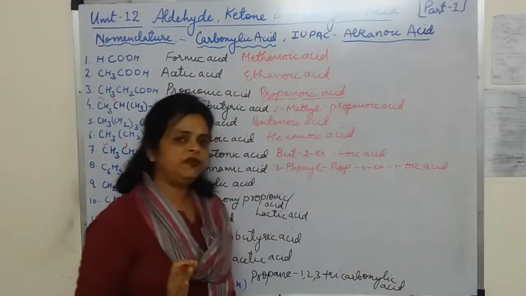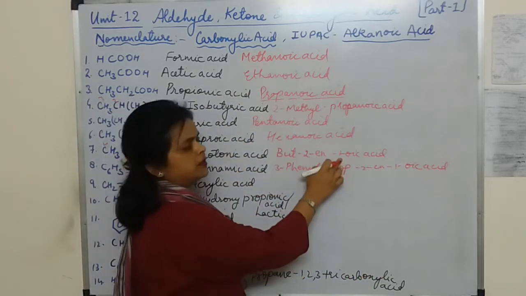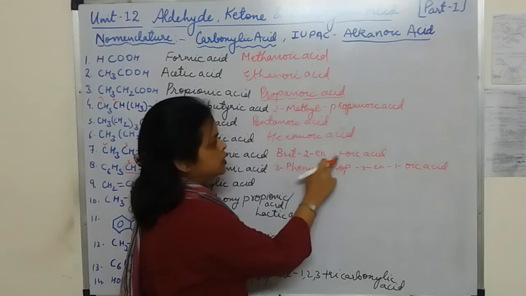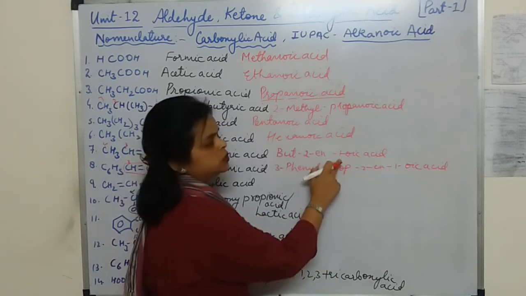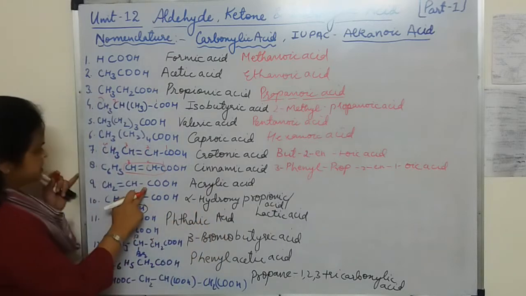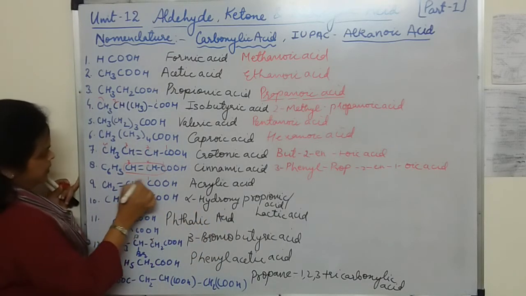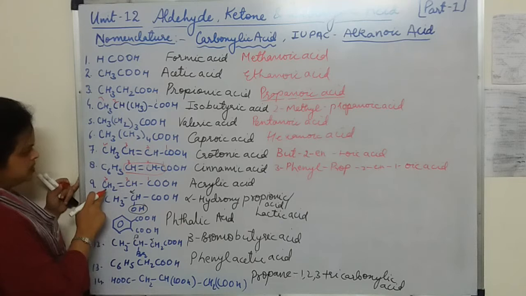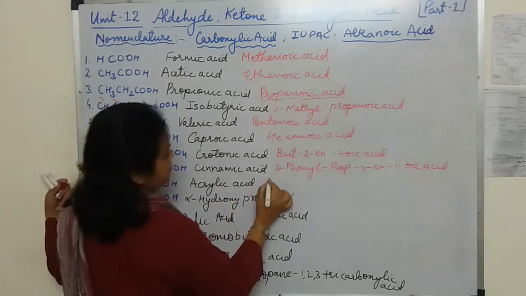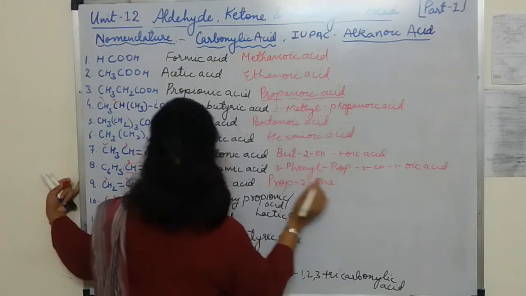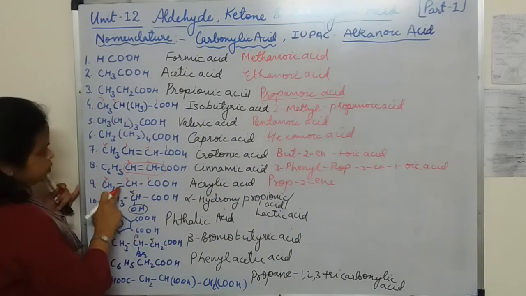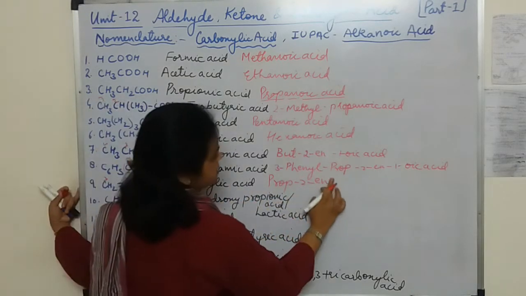Though it is understood whenever there is a carboxylic acid, it will be present at the terminal end. Okay, so if you are writing 2 ene oic acid, then also it is correct. It is understood that it will be 1. Now let's write the name for this compound. 1, 2 and 3. So what is the name of this compound? Prop 2 ene, prop 2 ene, 1 oic acid.